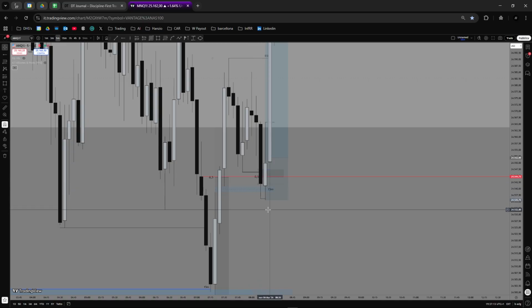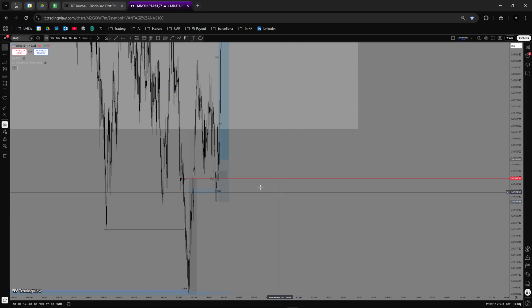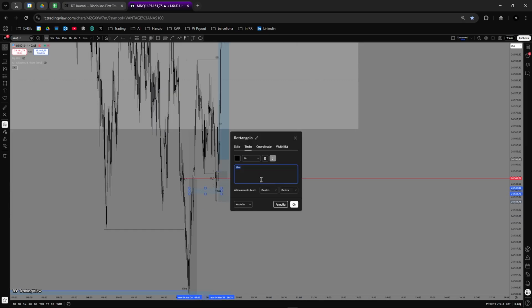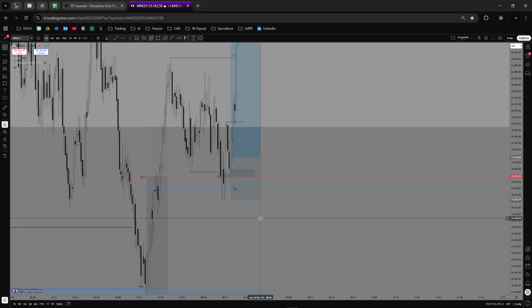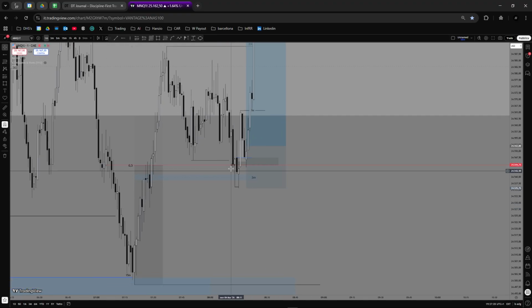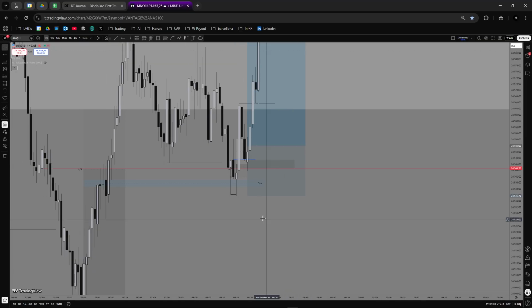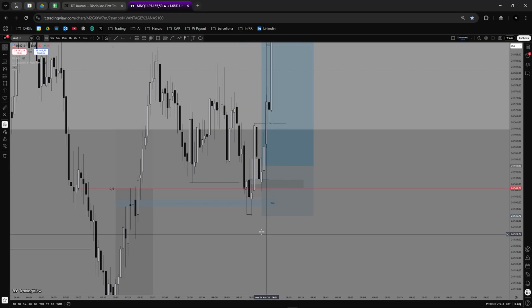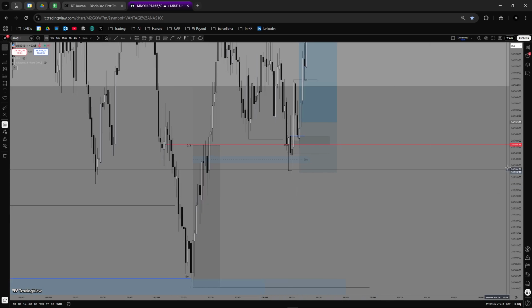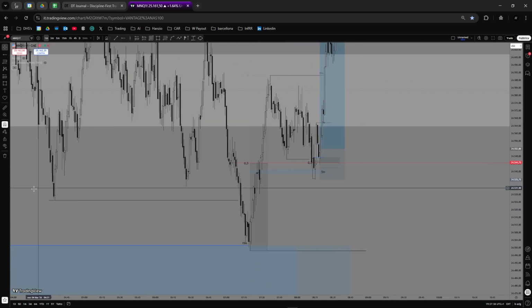So we swept the low again. Let me go even lower. This wasn't a 15 minute, this was a 5 minute, my bad, sorry guys. So we swept again the low that we set inside this 5 minute gap, and my thought process here was, okay, high time frame speaking, we took everything out here.